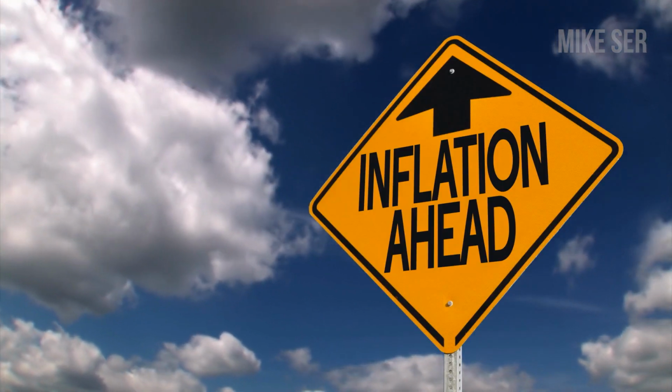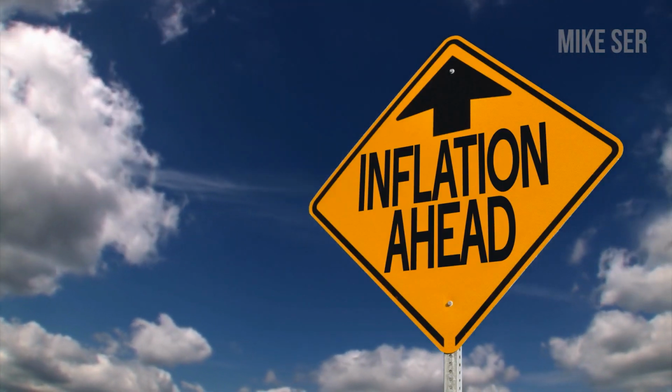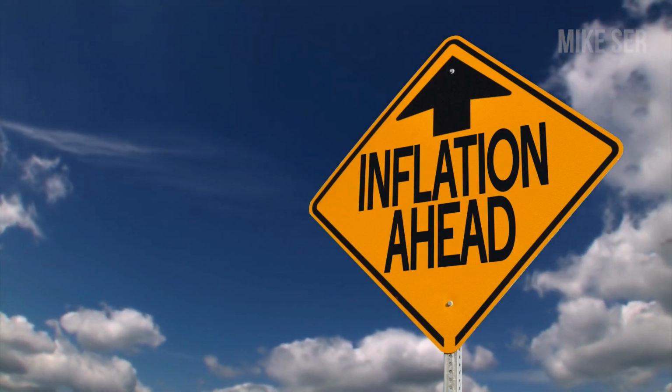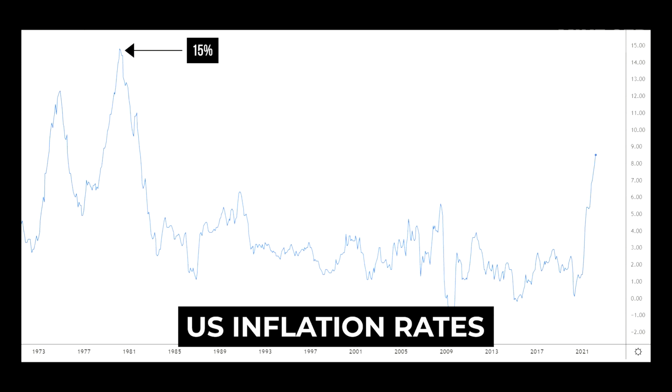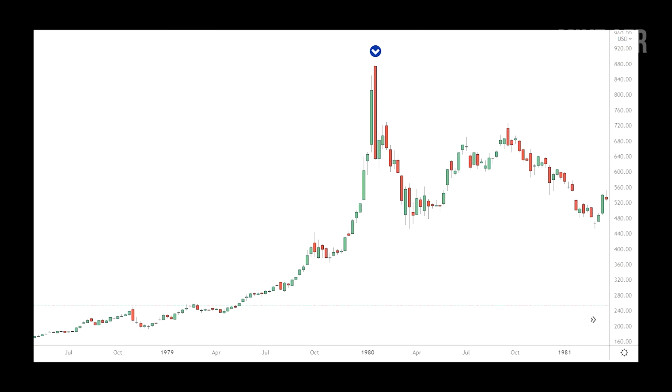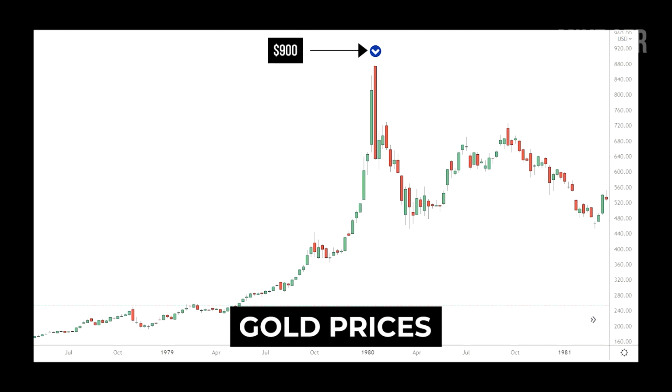Now, from a fundamental perspective, gold is generally viewed as a favorable hedge against inflation, particularly in 1980 when inflation rates hit almost 15%. Here you can see that gold prices skyrocketed from less than $100 per ounce in 1976 to almost $900 per ounce in early 1980.